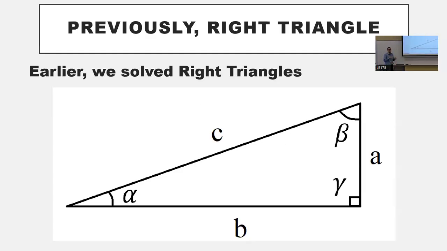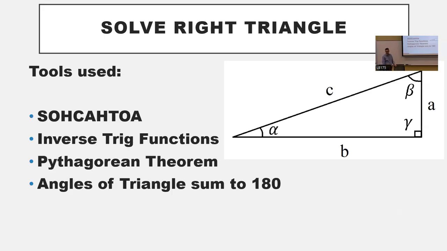Now, I just want to remind you that we've already solved triangles which were right triangles. Okay. And solving a triangle means that we find all of the side lengths and find all of the angles. All of the interior angles and all of the side lengths.